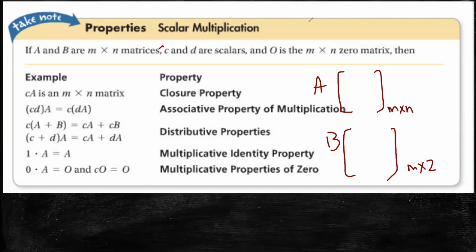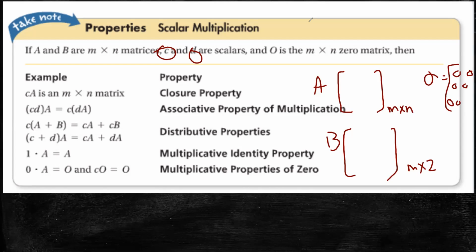And C and D are scalars, numbers that are multiplied. And O is the m times n zero matrix, which we call the zero matrix.